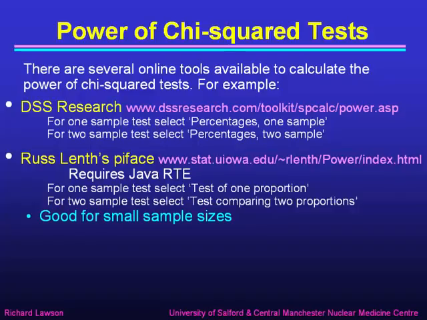And Ruslan's PyFace applet, which requires the Java runtime environment to be installed on your computer, lets you do a one sample chi-squared test using test of one proportion and a two sample chi-squared test for tests comparing two proportions, and that's good for small sample sizes. It has some rather nice tools there.